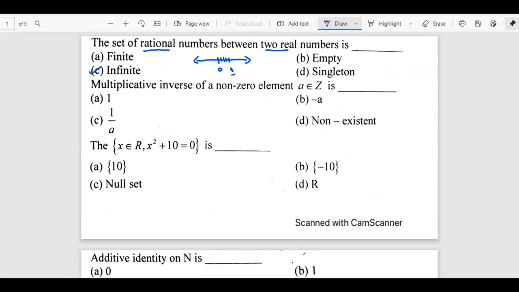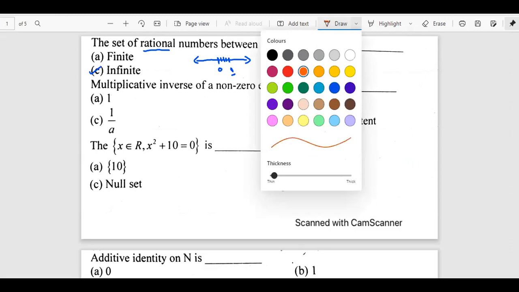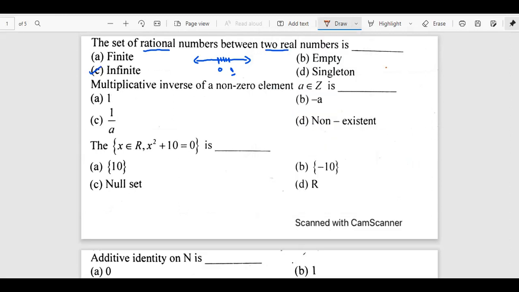Why is that possible? So is this thing clear? Yes. Okay, very good.